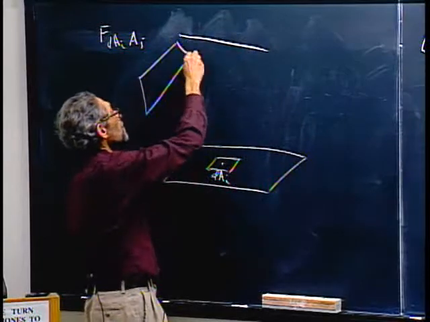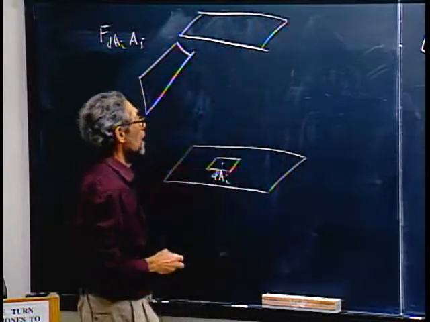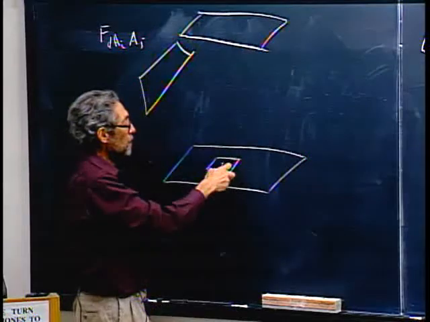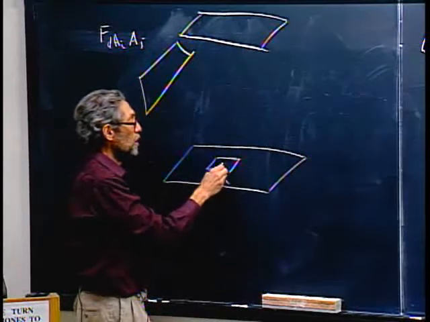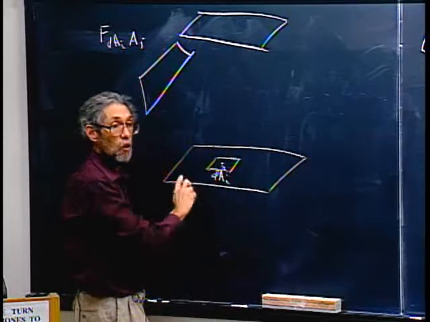Maybe I should draw polygonal surfaces here, in terms of how they're visible to this single point, say x, on this surface.